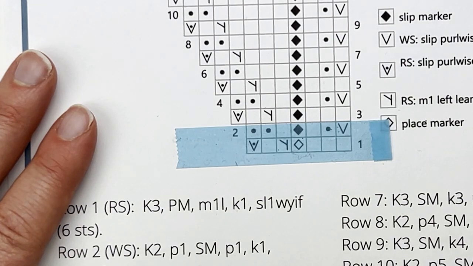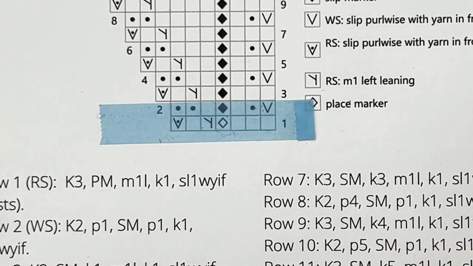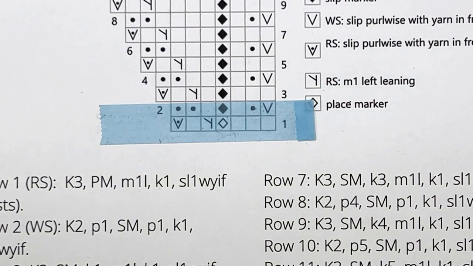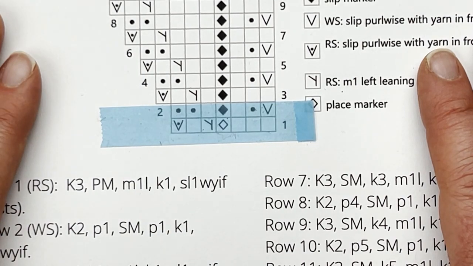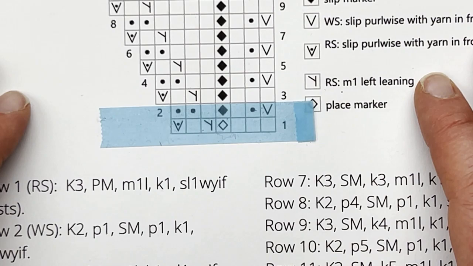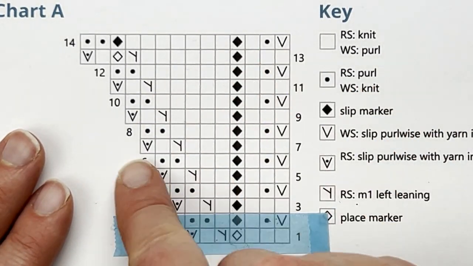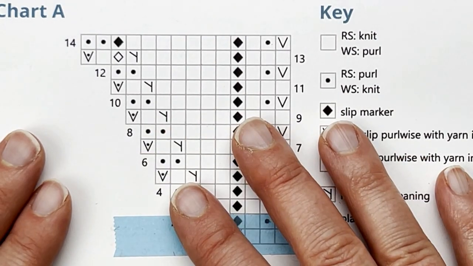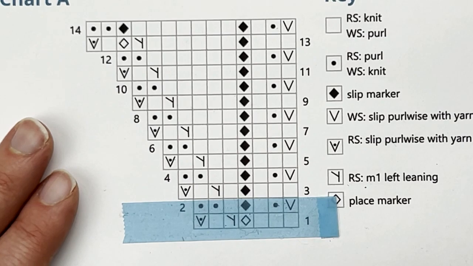So if you're new to lace charts, these basics should help you feel more confident when you dive in. Don't forget swatching. It's always going to be your best friend when you're trying something new. Just practicing by swatching and using the chart will help you become comfortable before you actually dive into your bigger project.